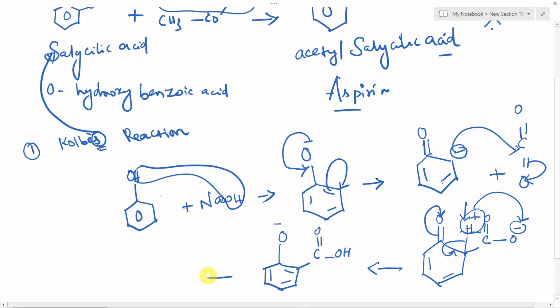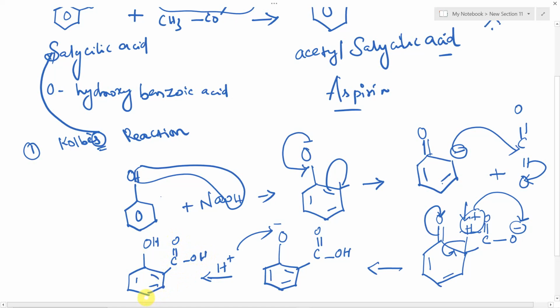So then we have to use an acid. This is called acidification. So this acid will go and join with the O minus. So that gives the result. Again OH is retained here and C double bond O, OH is here.